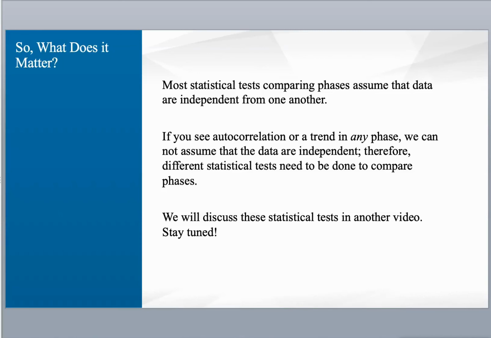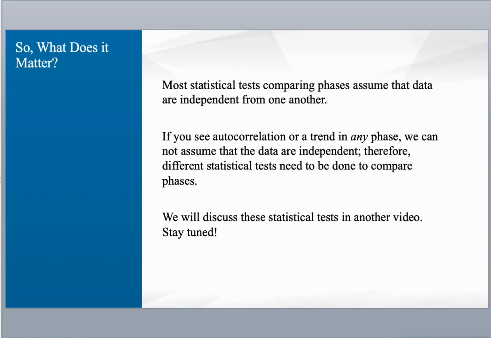By the way, studies have found that if you have autocorrelation, even just looking at it visually makes it difficult for people to determine, and they determine incorrectly, if there's a difference being made as a result of the intervention. So regardless of even statistical tests, autocorrelation can affect how we visually interpret what we see in our graphs.